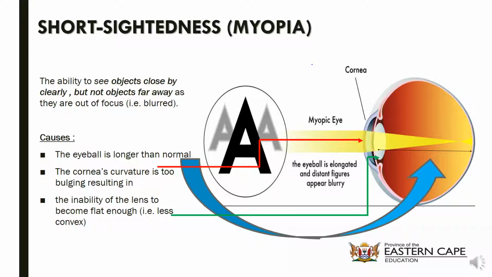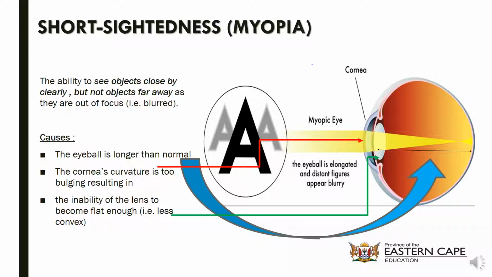And the reasons for this could be that your eyeball could be longer than normal. If you follow the blue arrow, the eyeball could be longer than normal, or your cornea is going to be curved, but it's going to be bulging out. When something bulges out, it comes out, it stands out, it pushes out.